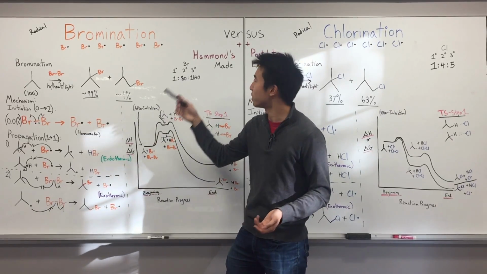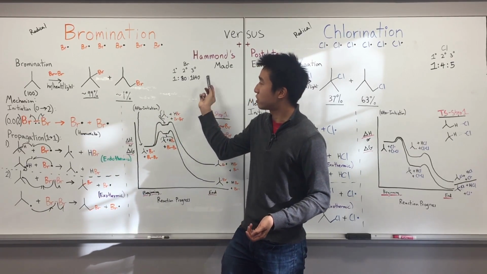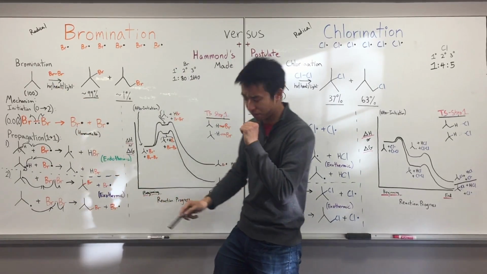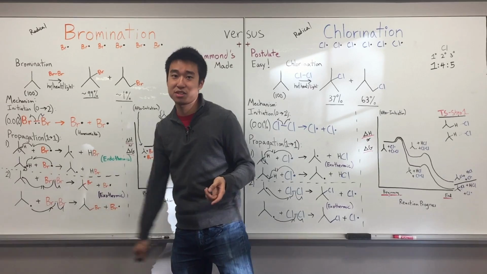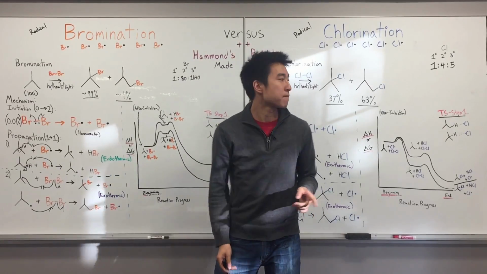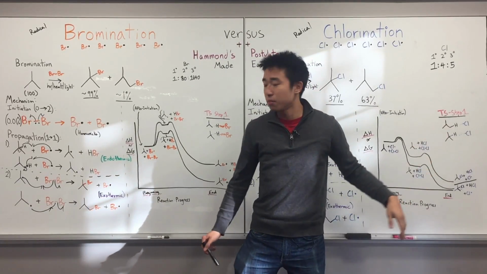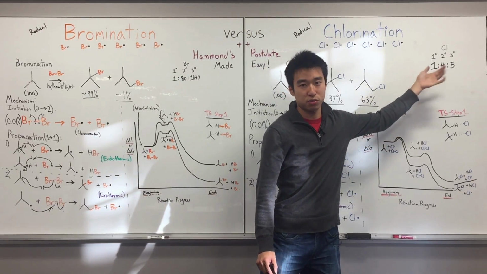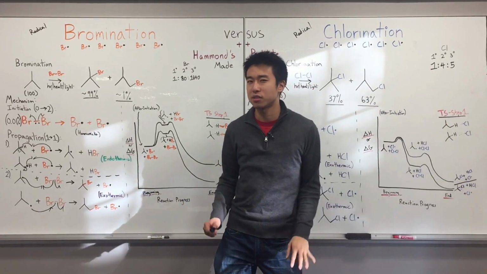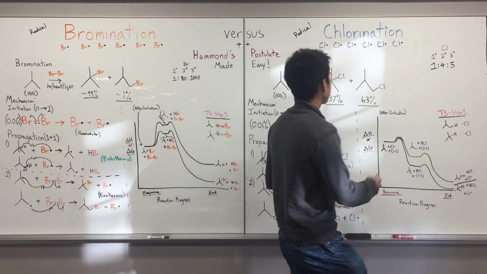We don't have that here, so let's jump to the tertiary carbon. The tertiary position is 1,640 times more likely to react than a primary hydrogen. Okay, all right. And then for chlorination, because the energy gap isn't that big, it only has a 1 to 4 to 5 ratio.